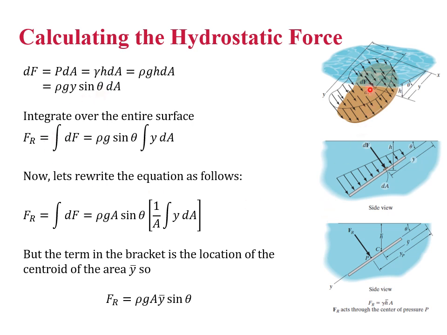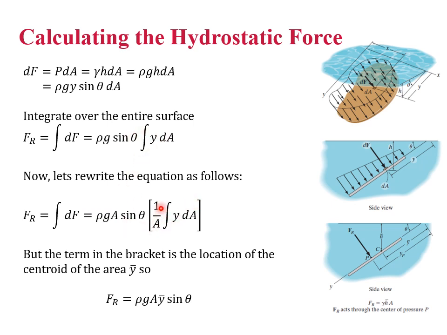So to find the total force over the plate, we simply need to integrate over the entire area of the plate. Well, rho is constant, g is constant, and sine theta is constant, so we can pull those outside of the integral. And we're left with the integral of y dA. Now this may look familiar. In fact, if we multiply through by A and divide by A, we keep the integral constant.